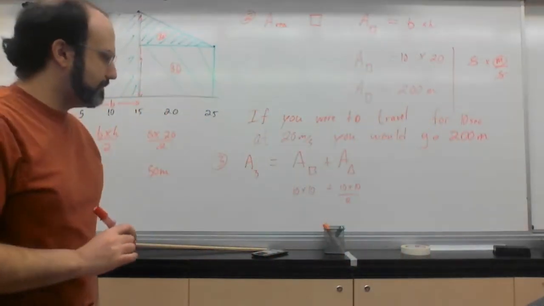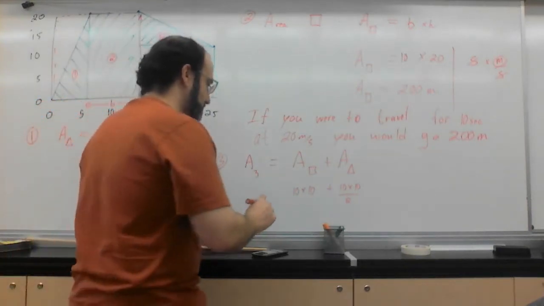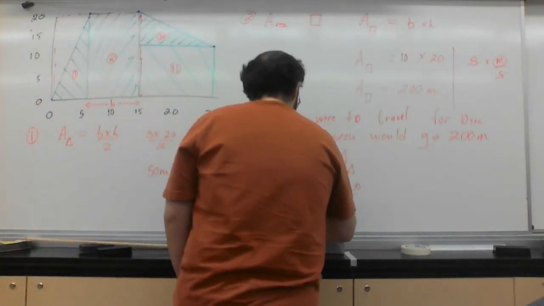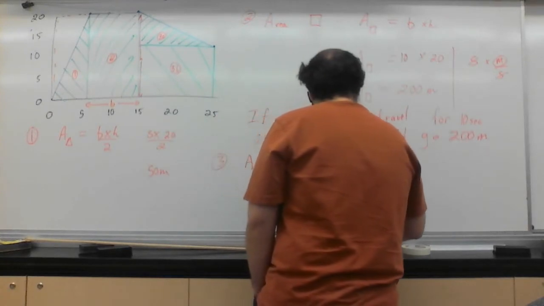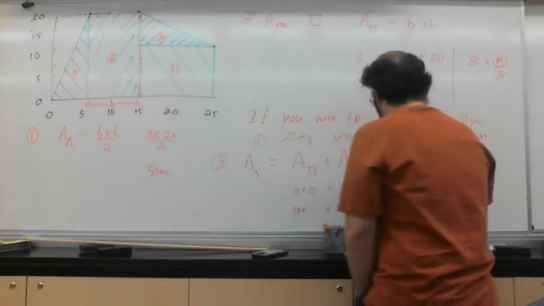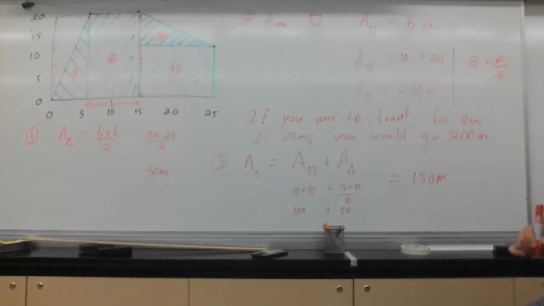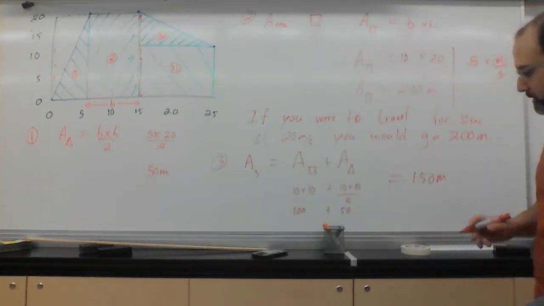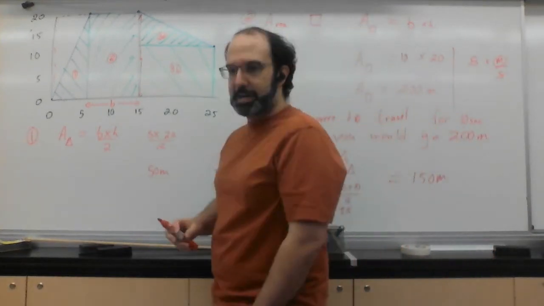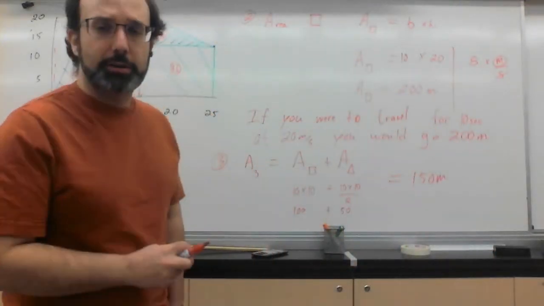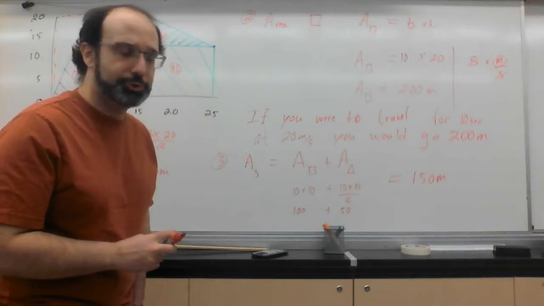So what happens when I put all this together? Well, this is going to be 100, and this is going to be 50. So overall, section 3 is 150 meters. So, if I were to ask you in a question, how far do you travel during the whole trip?